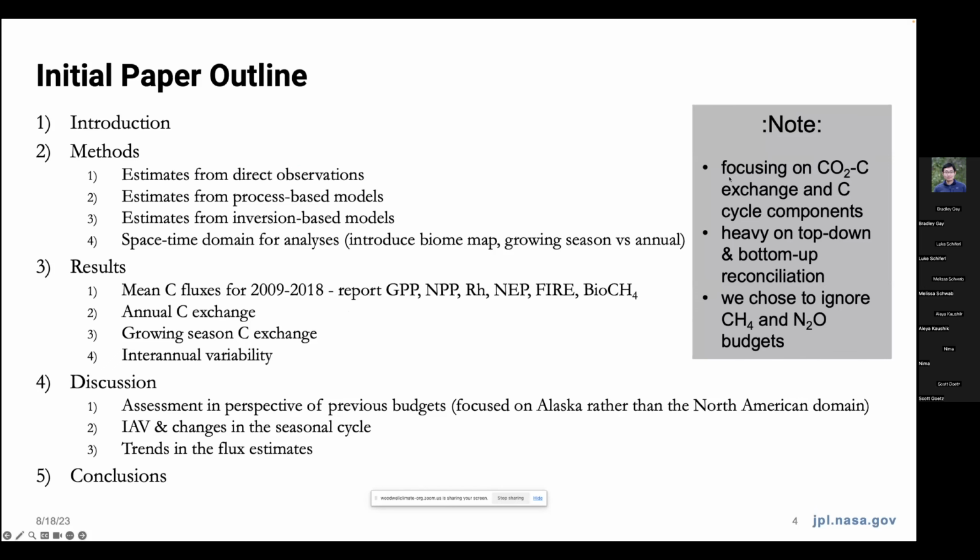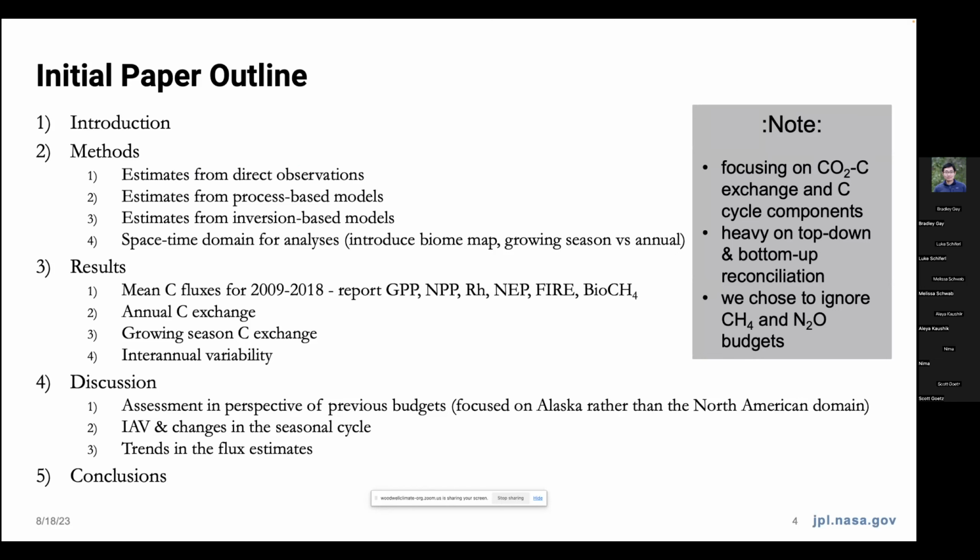We had decided early on that we would focus primarily on the CO2 exchange and the carbon cycle components. We wouldn't necessarily go into methane because the methane budgeting activity or the methane synthesis could be a different paper.